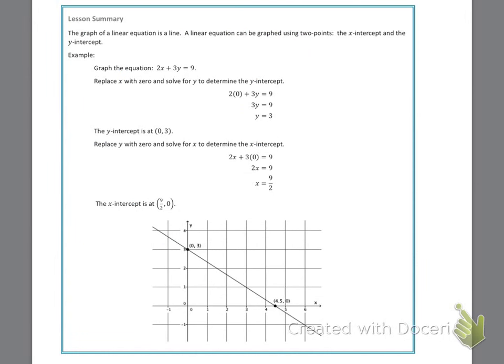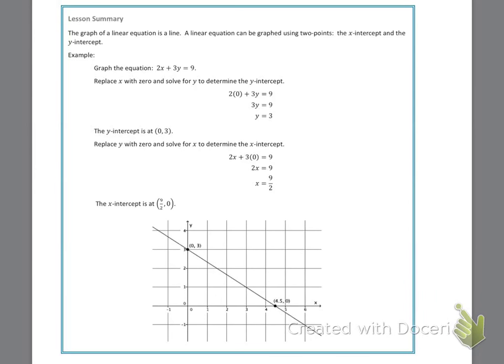So in this lesson, we have looked at a proof that the graph of a linear equation is a line. So we know that a linear equation can be graphed using just 2 points, and we can do that using the x-intercept and y-intercept when it's convenient. So this summarizes that method of using the intercepts to graph.